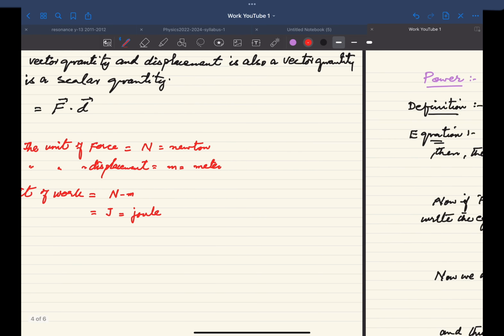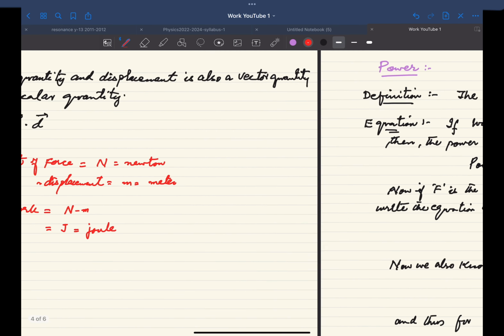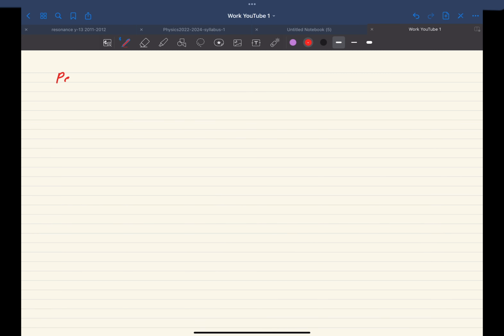When you consider power, how will you define it? The definition of power is simple: it is the rate of doing work.